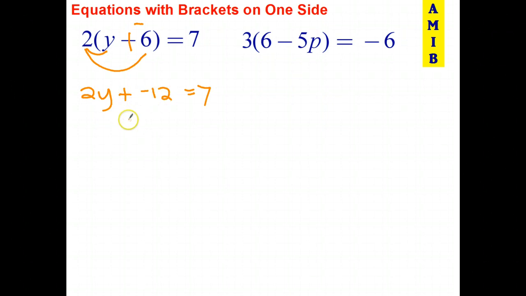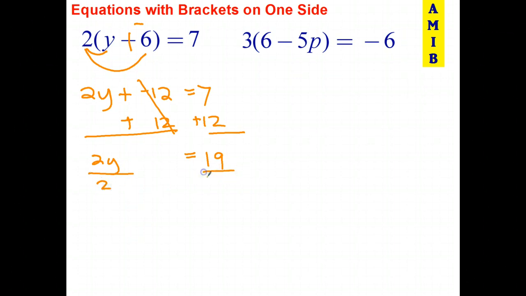Adding negative 12, the opposite of that is adding positive 12. Negative 12 plus 12 goes to 0, leaving just the 2y on that side. 7 plus 12 is 19.